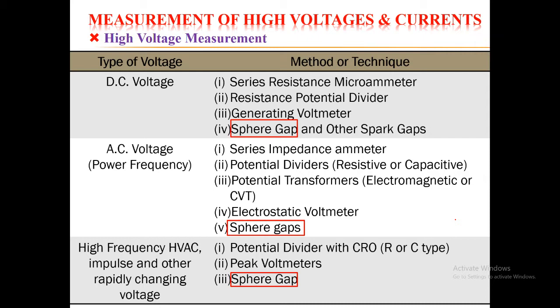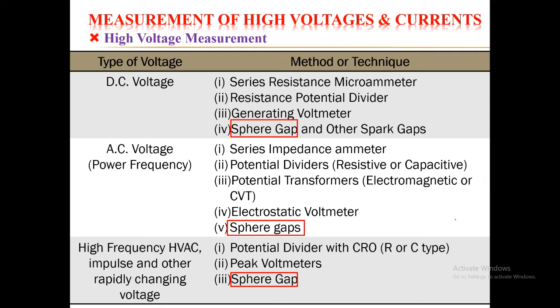I am also going to discuss the series capacitance peak voltmeters, or series peak voltmeters, to measure the peak magnitude of impulse voltages or switching overvoltages in high voltage laboratories during testing.